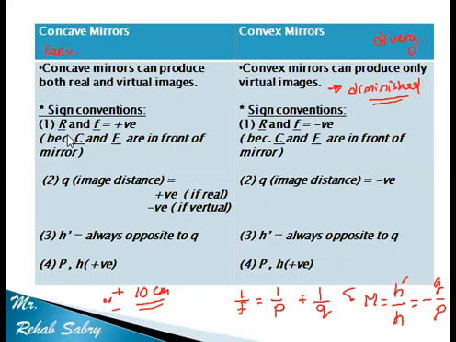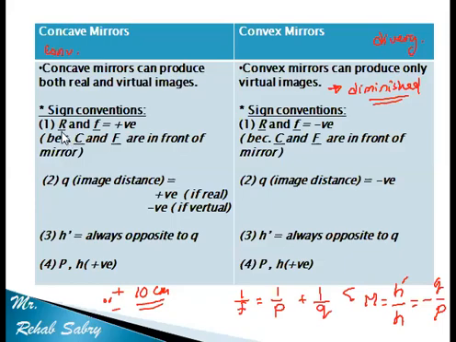If the image is upright, the size of it will be positive. H dash is the size of the image, H is the size of the object. If it's inverted or upside down, it will be negative.